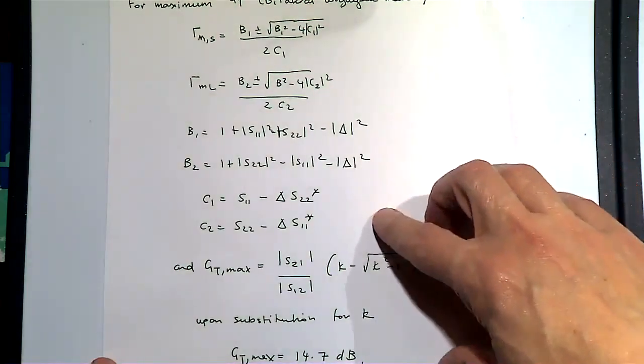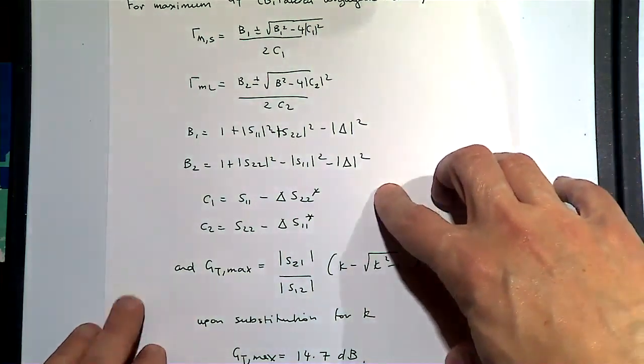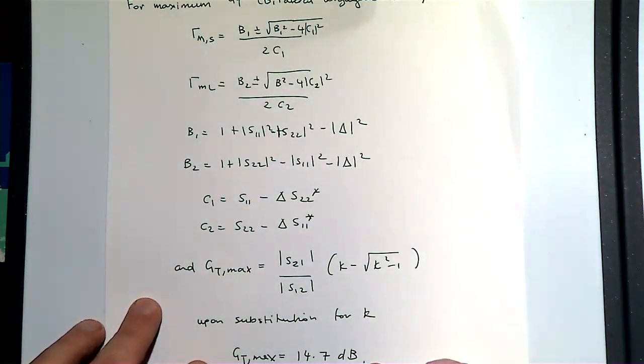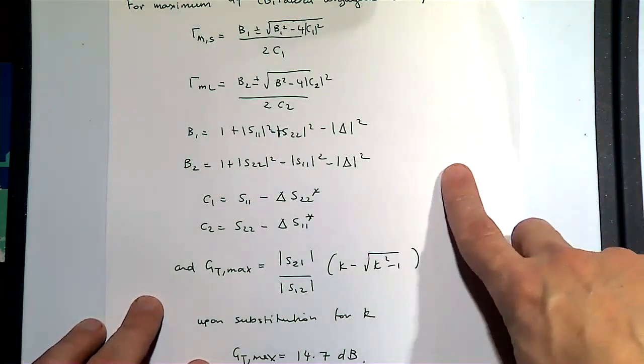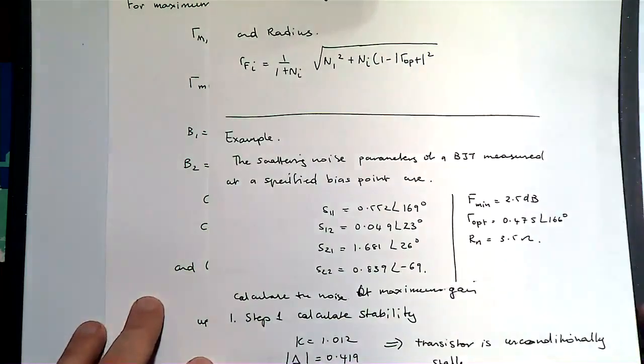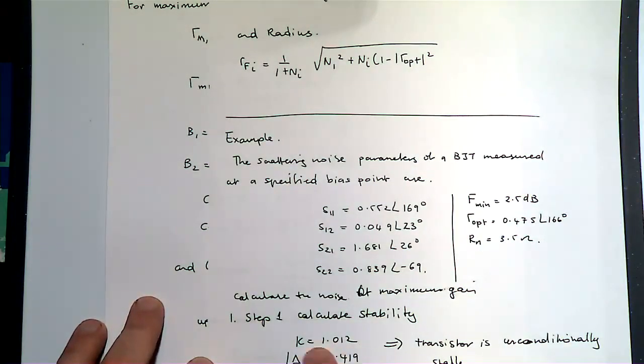Anyway, if we go through that, we can actually work out what the optimal impedances are, and of course, we can actually work out K, and in this particular case, K is approximately equal to 1. K is 1.012.